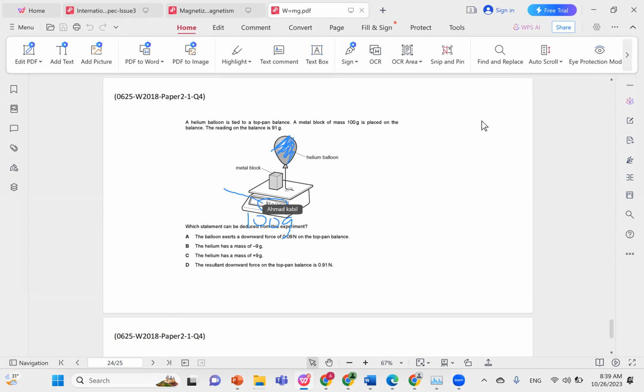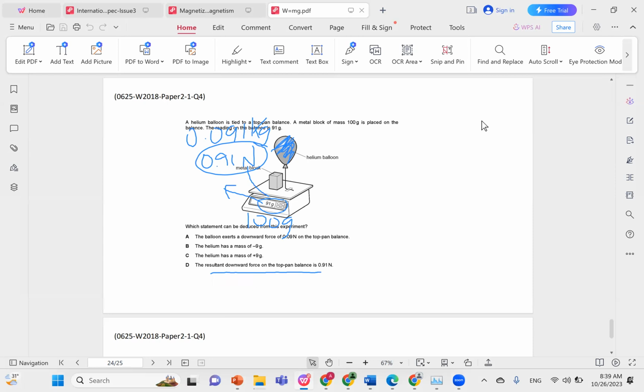So 91 grams, first convert to kilograms. So you get 0.091 kilograms, and then convert to newtons by multiplying by 10. So you get 0.91 newtons. So 91 grams are equivalent to 0.91 newtons. And this tells us that the resultant downward force on the pan is 0.91 newtons.